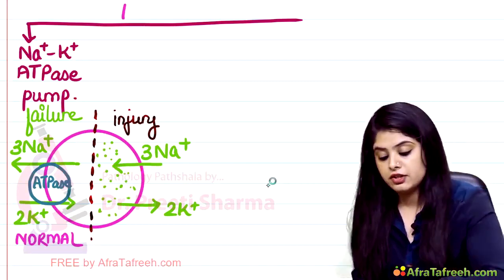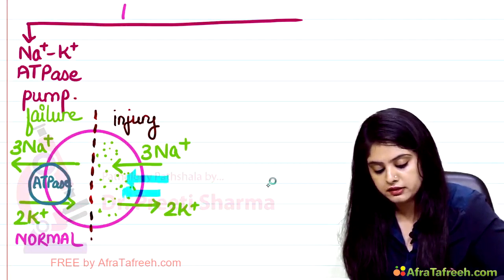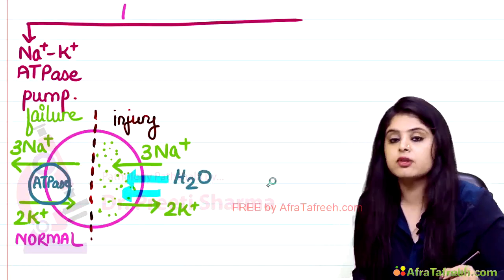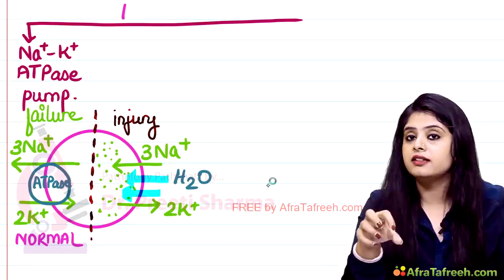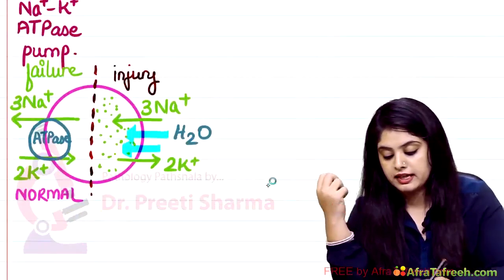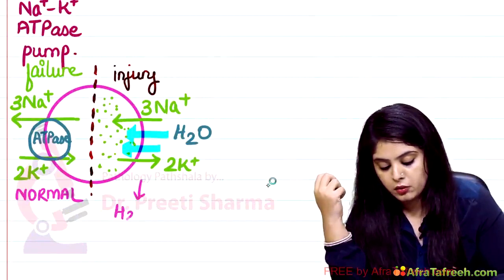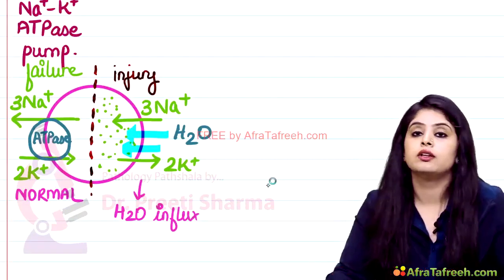Now when the concentration of solutes inside the cell is more, what will it draw towards it? Yes, it will draw water towards it, right? Because there is an increased hypertonic environment inside the cell, it draws water towards it. Indirectly, I can say that this is going to result in water influx.